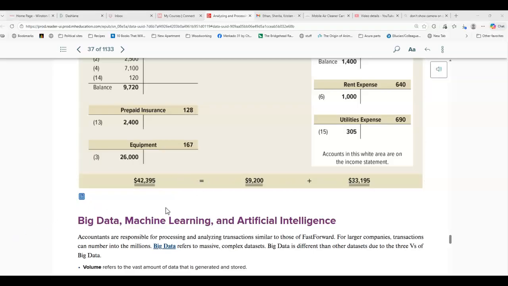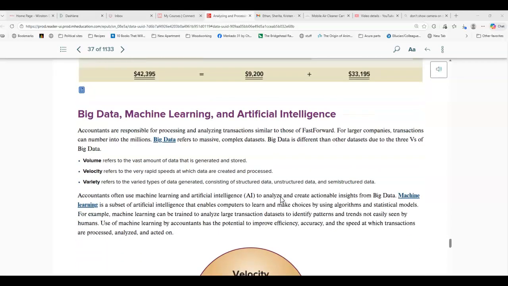They mentioned big data here, and I've mentioned in class that you'll have not dozens of transactions in a month. You'll have thousands, hundreds of thousands, millions, depending on the size of the company. Not unusual to have thousands of transactions in a fairly small company.